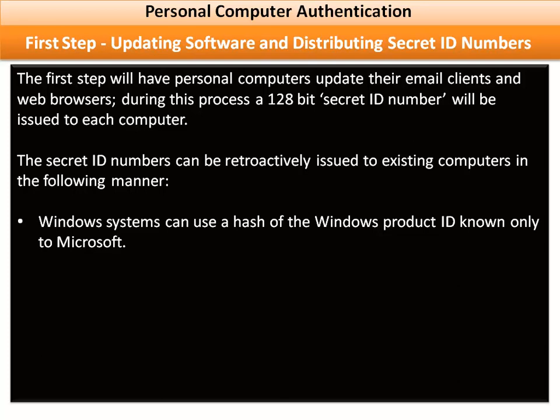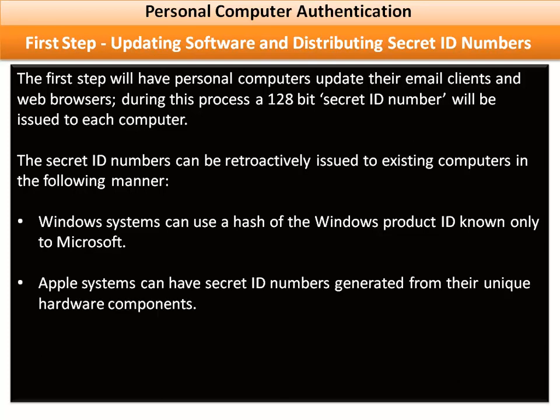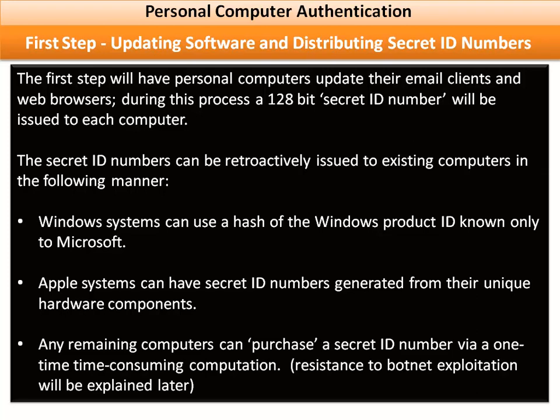Windows systems can use a hash of their Windows product ID on each computer, which is already known only to Microsoft. Apple systems, including iPads, iPhones, everything, can have the secret ID numbers generated from their unique hardware components, and any remaining systems can purchase a secret ID number via a one-time, time-consuming computation. I'll explain resistance to botnet exploitation a little later.